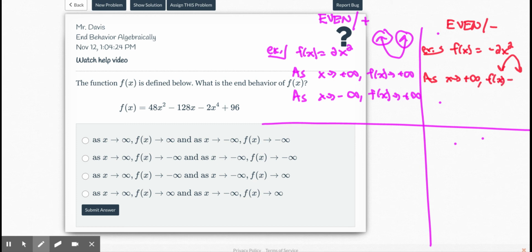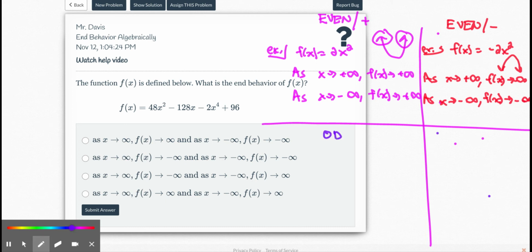So f of x goes to negative infinity. And as x goes to negative infinity, f of x goes down to negative infinity as well. So those are the first two scenarios. Those are even exponents. Notice evens always go the same direction. Odds are always going to go the opposite direction.